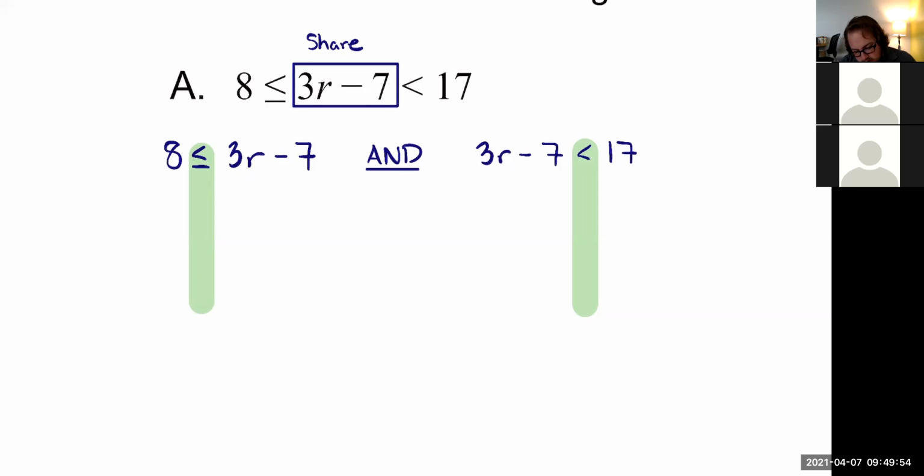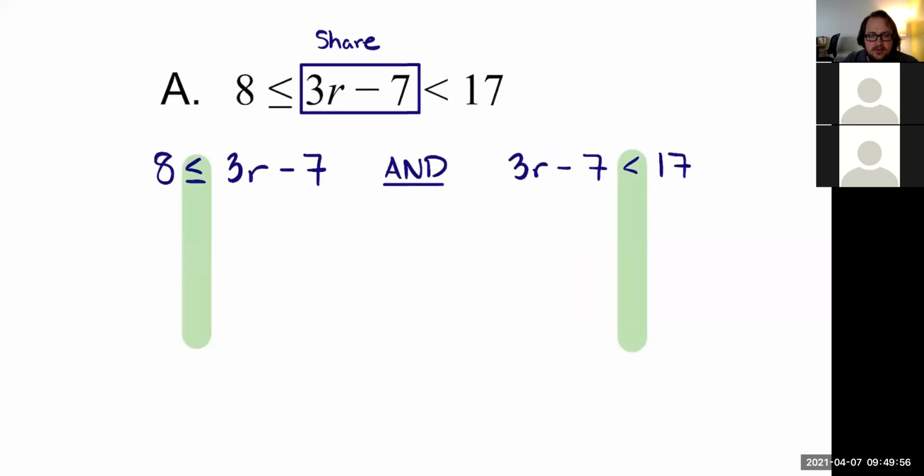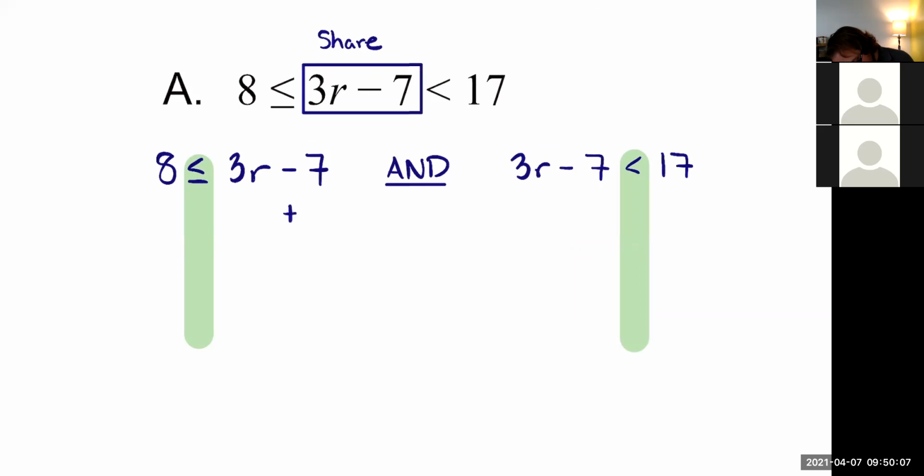So all that's left is to get the variable by itself, right? So on this first inequality here, it appears to be on the right-hand side. What would you move off of the right-hand side? You're going to get that -7 out of the way by adding 7 to both sides. Eight plus 7 is going to give me 15, is less than or equal to 3r because the -7 plus 7 is 0.